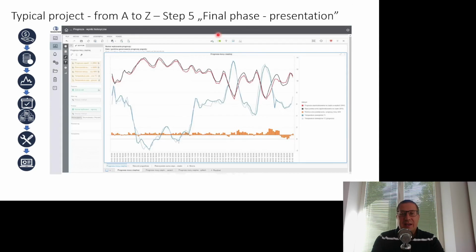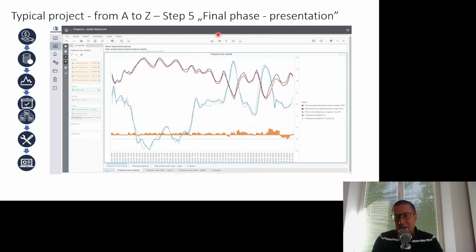All right, and also the AI method can be part of a larger system. Here you can see, for instance, the system that predicts the heat demand for the district heating network in Warsaw and optimizes its operation. It gives support for dispatchers on how to operate this network in the optimal way.